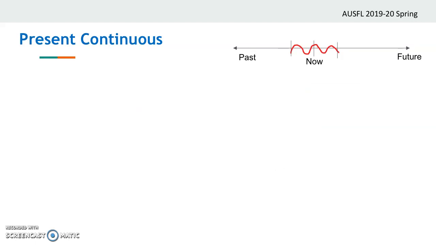Now, the present continuous. Look at the timeline again. Is the action complete or in progress at the time of speaking? Yes, the action is in progress. It's not complete. What about the form of the present continuous?